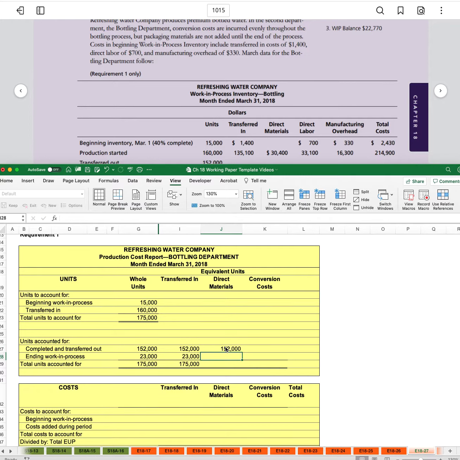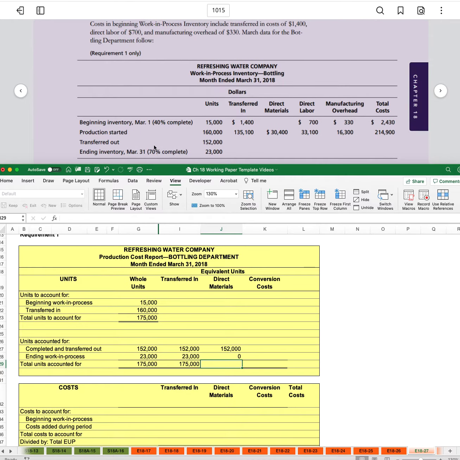Then for the ending WIP, we're going to take our 23,000 times 0%. So that means 0, of course, because no materials have been added since they're only 70% complete. And I'll go ahead and pull over that formula, adding those together, so it'll pull over 152,000 for us.